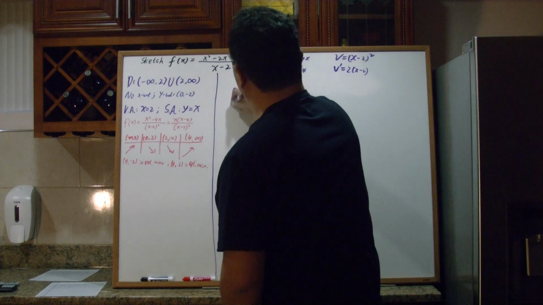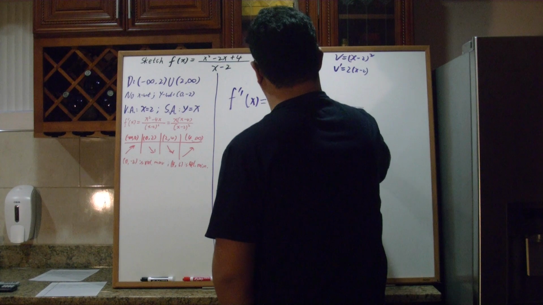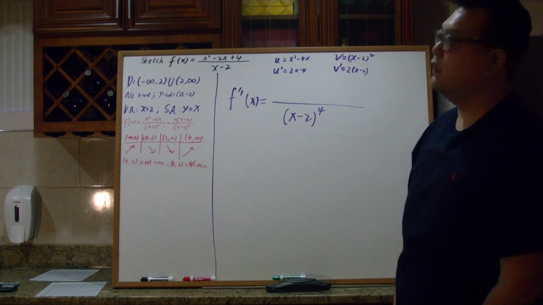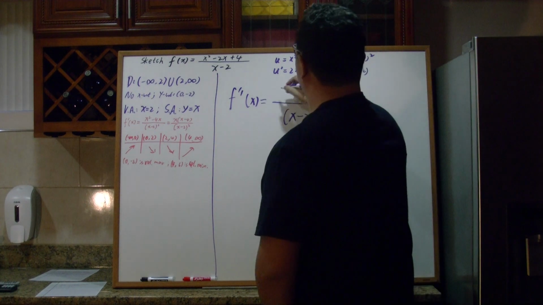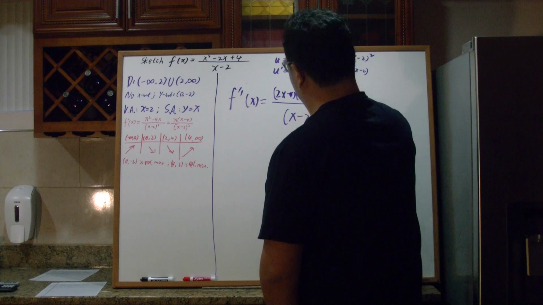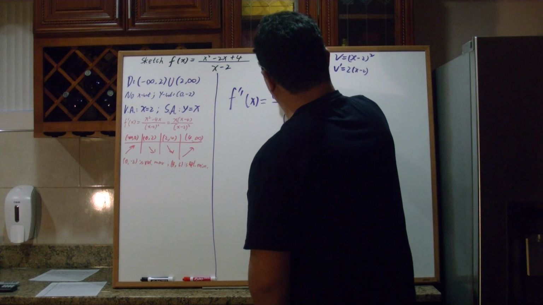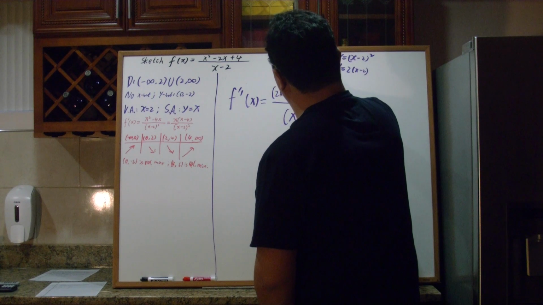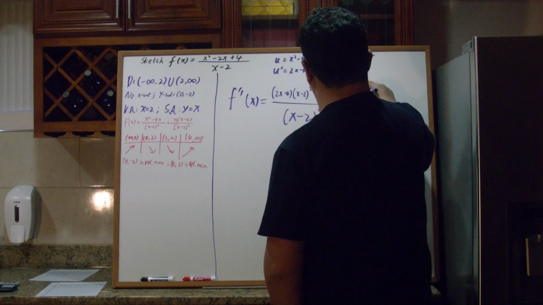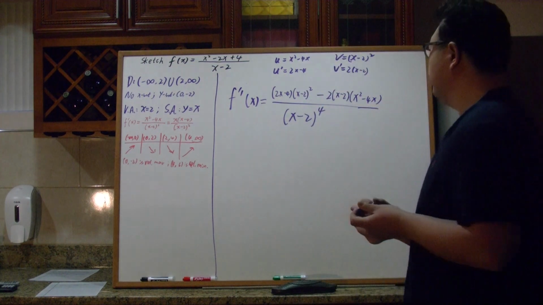Right, then the second derivative, well, it's v squared, which is x minus 2 to the fourth, and the numerator is u prime times v minus v prime times u. This guy gets a little bit nicer.